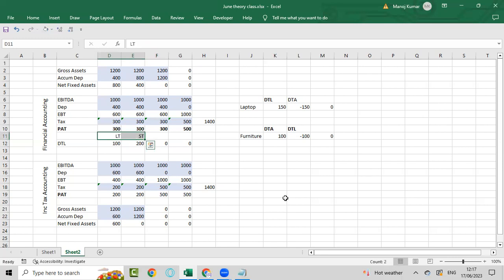Fine. So let me make this clear once again. Deferred tax liability at a point in time can be short term and long term both. And deferred tax asset can be short term and long term both. So in a balance sheet, you can see all the 4 items. In current liability, short term deferred tax liability.